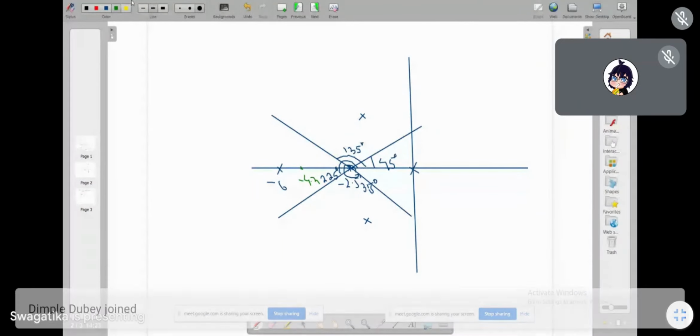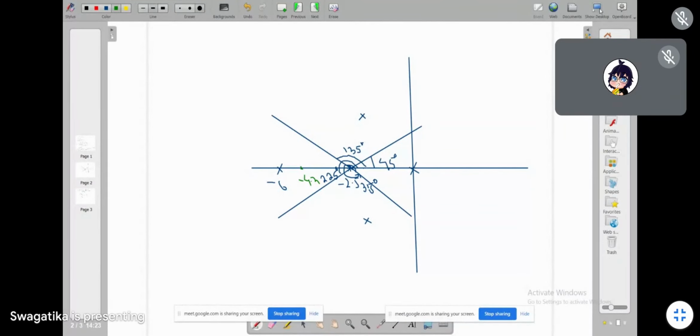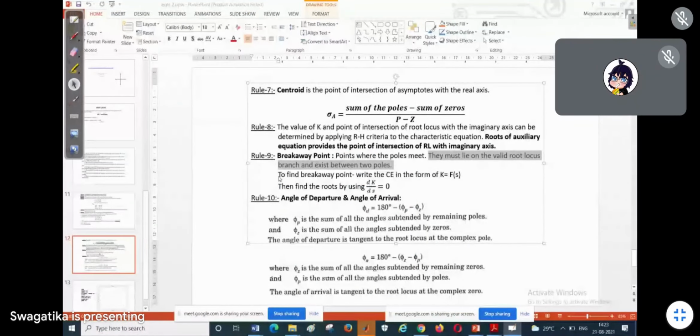You have to find out by using the auxiliary equation, right? Plus minus 7.8 and plus minus 2.79.